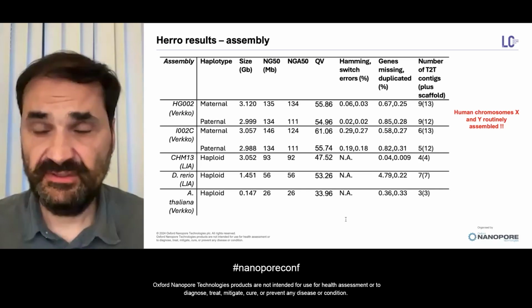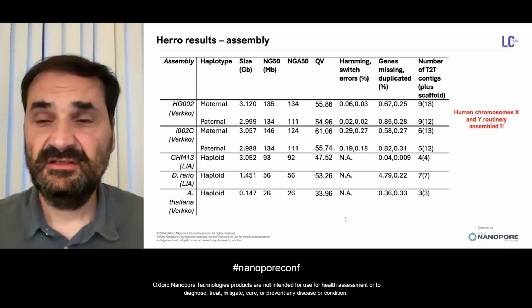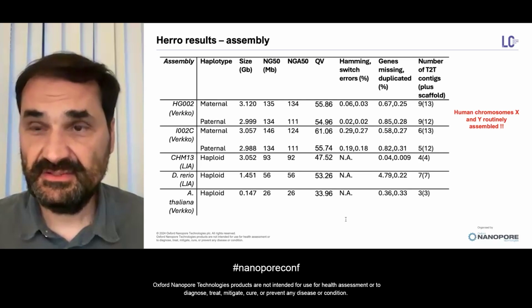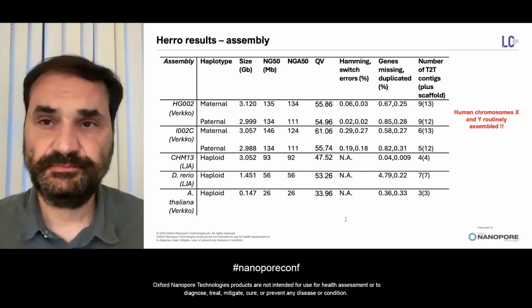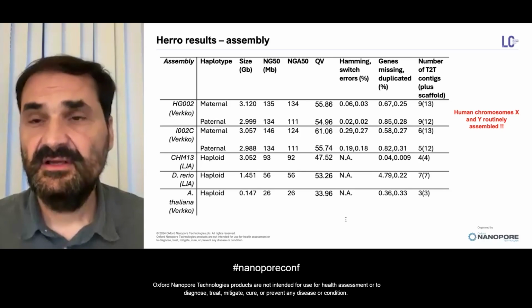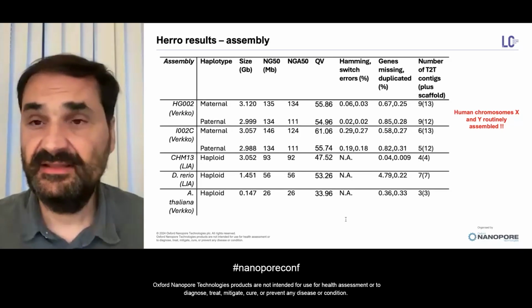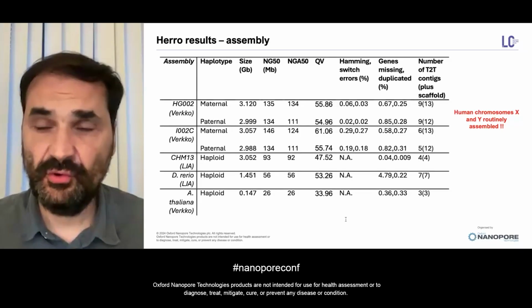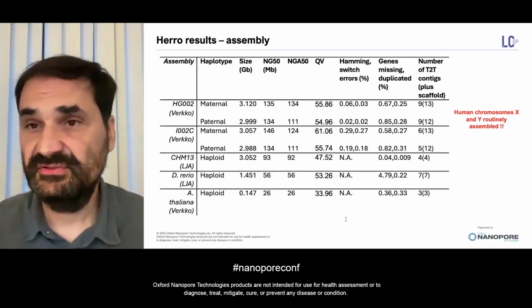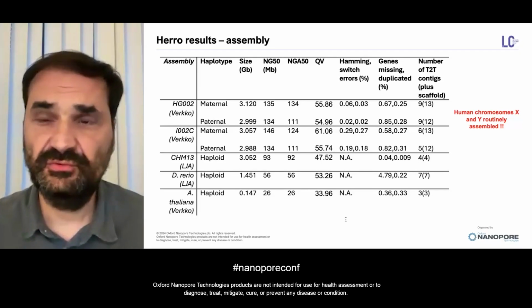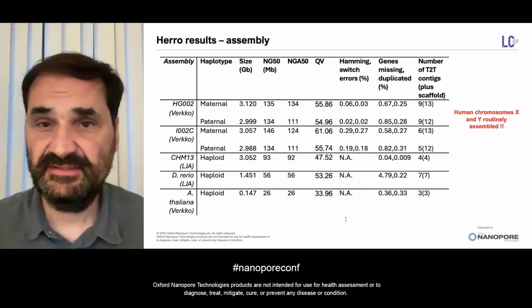HiFi can be used as well, but in the case of HiFi, we needed to chop corrected reads. That's the reason, and the fact that HERRO always resolved chromosomes X and Y, to present this result with HERRO. But if you want to do it faster, you can use the HiFi.